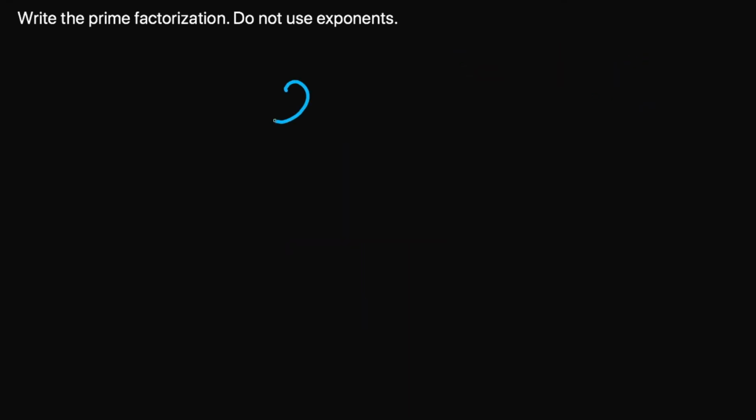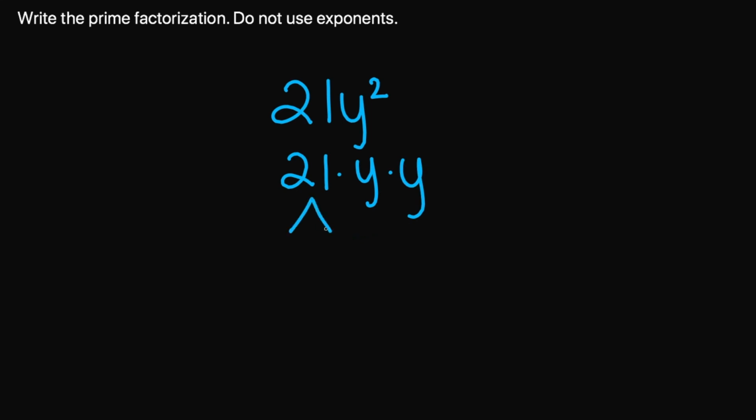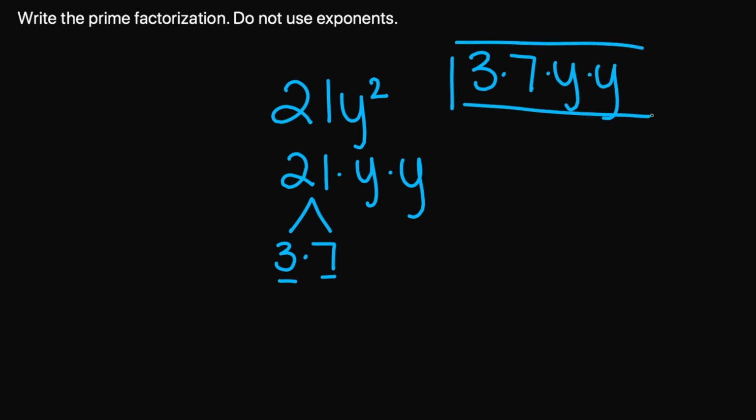Let's try 21y squared. I can separate into 21 times y times y. My 21 can factor into 3 times 7, and I cannot factor any further. I now have prime numbers left, so my prime factorization is going to be 3 times 7 times y times y. Remember, we are not using exponents for this section.